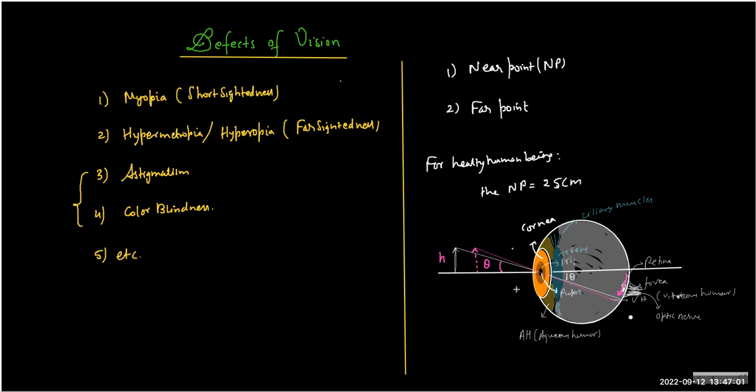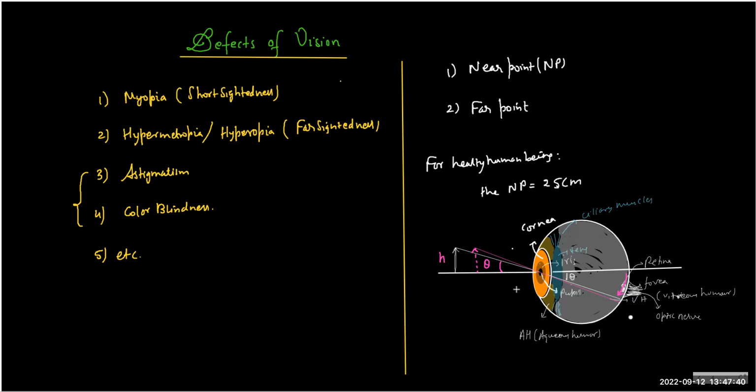But the problem is, if you are very close to the eye, of course it will be bigger, but it will become blurred, isn't it? So we want a separation between the eye and the object so that it is the biggest possible without being blurred. I want a sharp and contrasting image of an object which is maximum magnified, or maximum in size, without being blurred. Are you getting it?